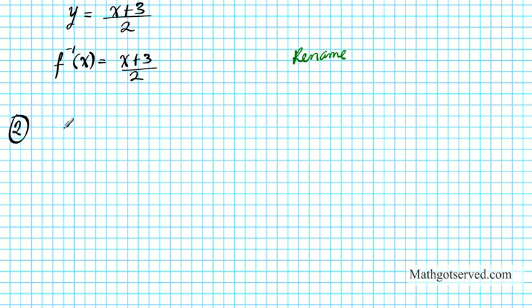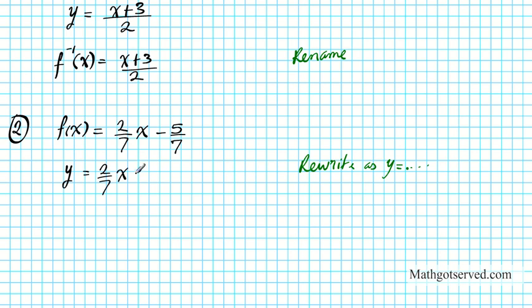What if we had the function f of x equals 2 over 7x minus 5 over 7? First thing we're going to do is rewrite as y equals whatever. f of x is y, so I'm going to write this as y equals 2 over 7x minus 5 over 7.